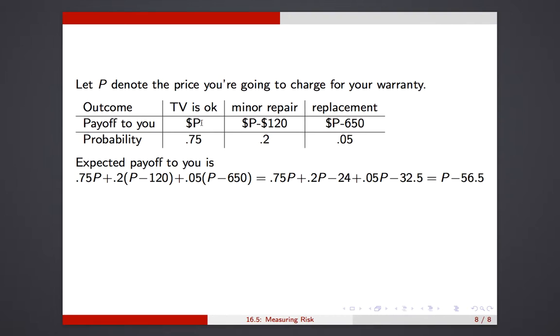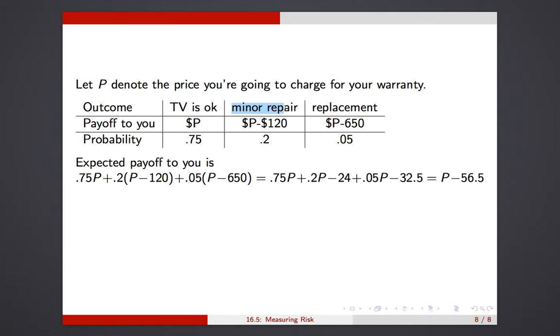The customer just hands you P dollars and you keep that P dollars. So let's just say P is 50 bucks, right? We don't know that yet, but let's say P is 50 bucks. If a customer buys a TV and they buy an extended warranty and their TV is fine, then they've just handed you 50 bucks and they get nothing from that 50 bucks, except for peace of mind or whatever. But you don't have to do anything for them for that 50 bucks.